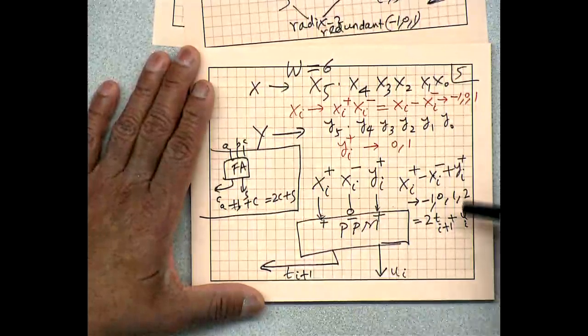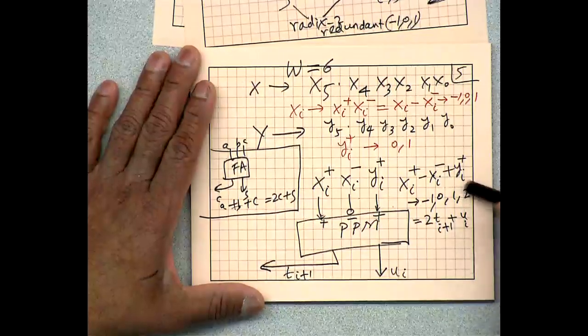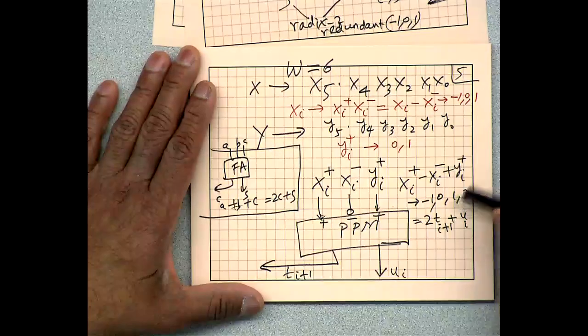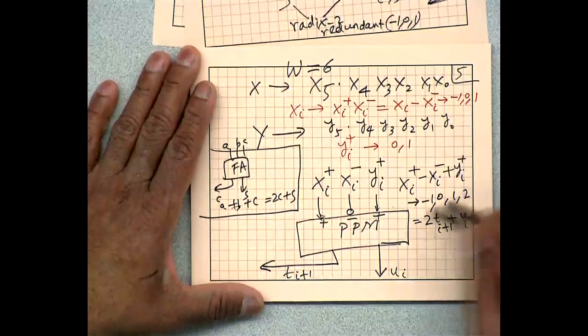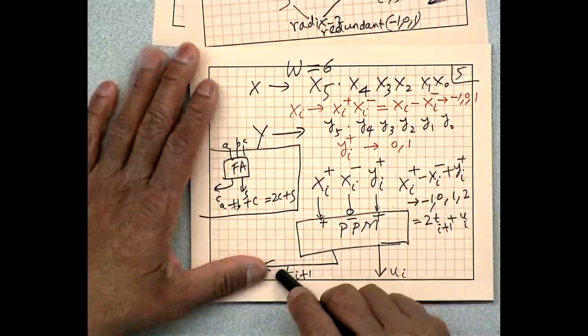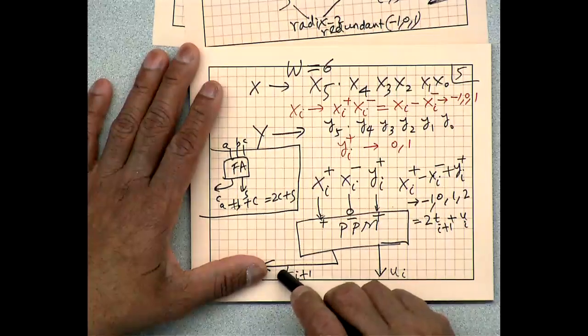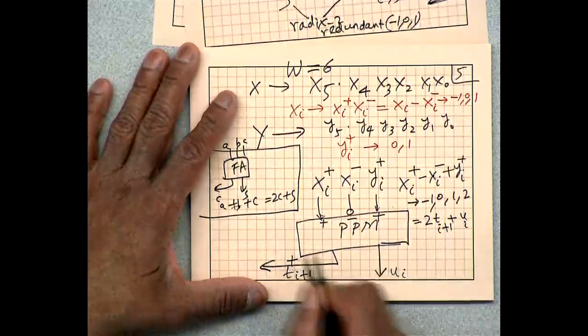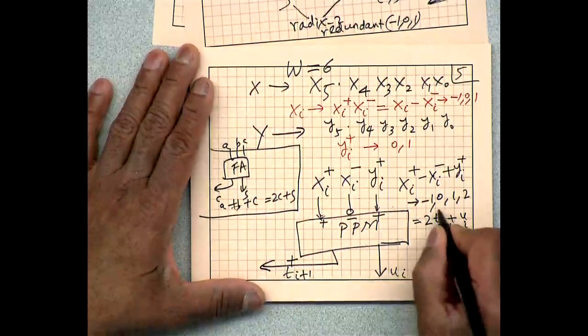Well, the quantity 2 can be represented as 2 times plus 1. So if this is plus 1, let's call this positively weighted, so let's call it ti plus 1 plus.